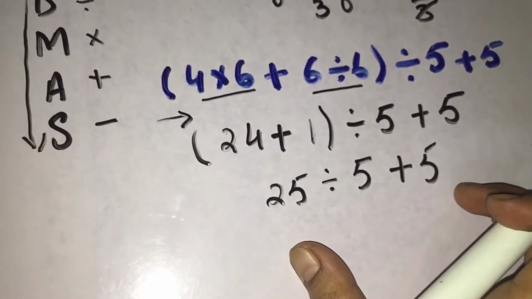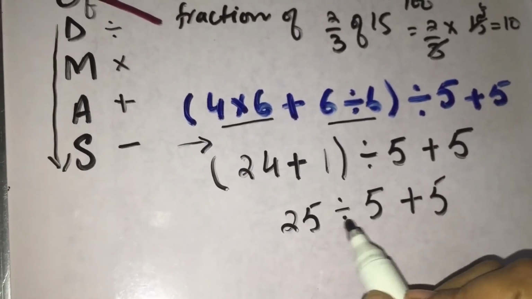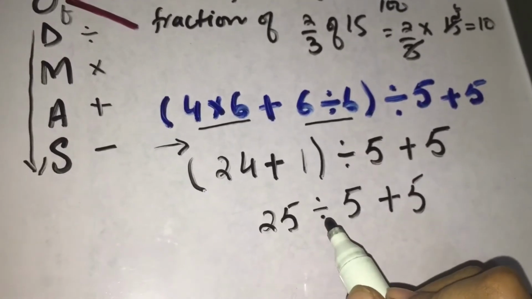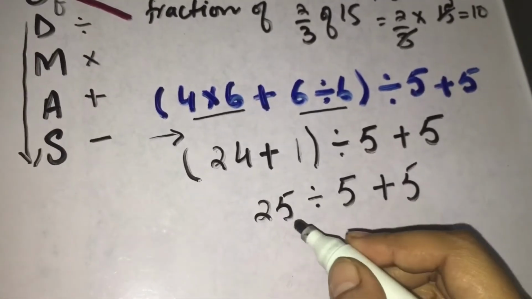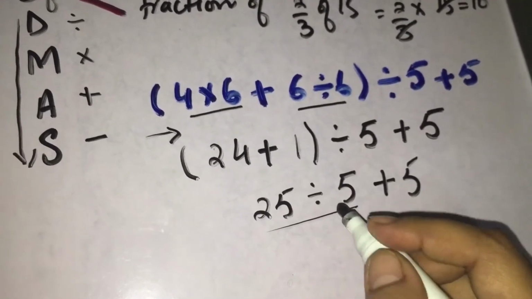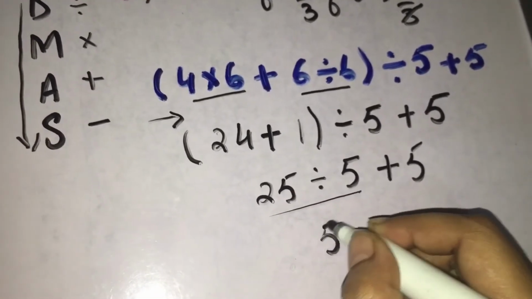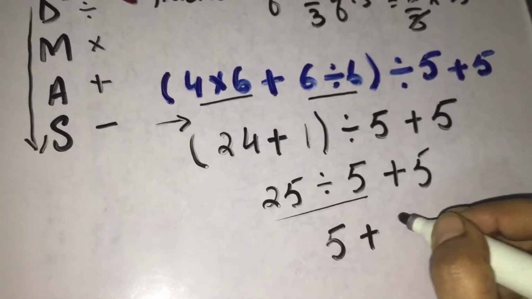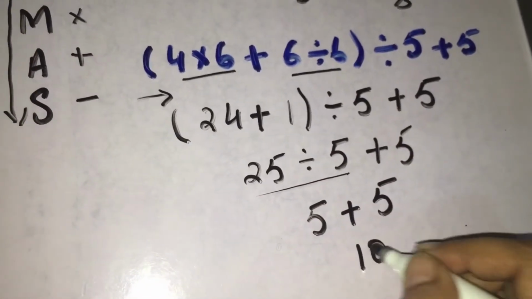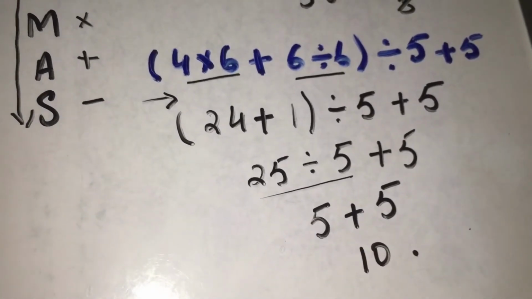What is the BODMAS rule? We have to divide first. Going from left to right, which operation will be carried out first? Division. Division will be carried out first. 25 divided by 5 is equal to 5, and lastly this plus 5. 5 plus 5 equals 10. So the answer is 10.